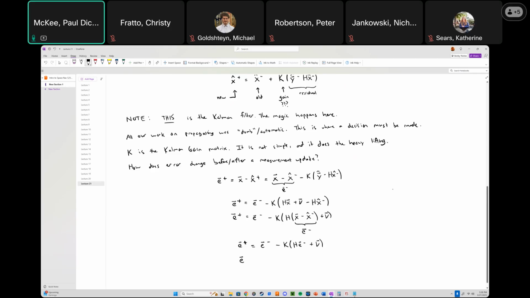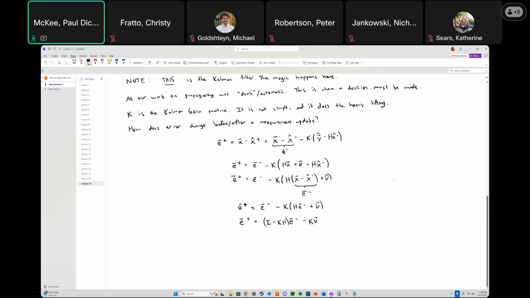Finally, our error in the after picture is the identity matrix minus KH, times the error in the before picture, minus K nu. Okay, so to be clear, this is error after update, and this is error before update.